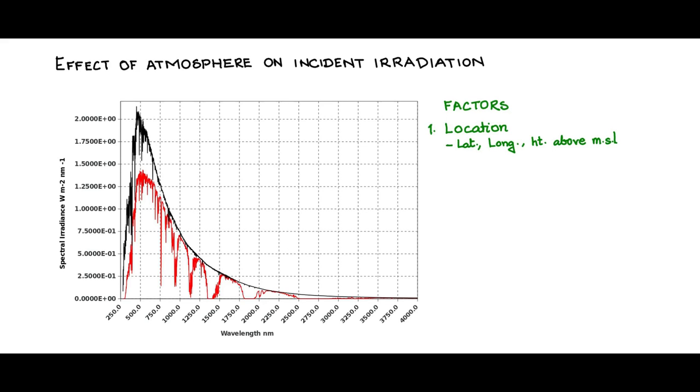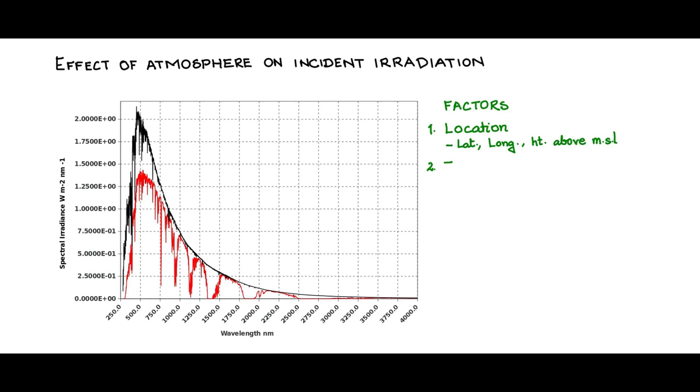This also has an effect on the ultimate radiation that is incident on the flat plate collector. The air mass, the amount or volume of air in the vertical column above the location, determines the amount of attenuation that one can expect when the radiation reaches the collector. So this also has a significant impact on the amount of energy that is going to be incident at the surface of the location.